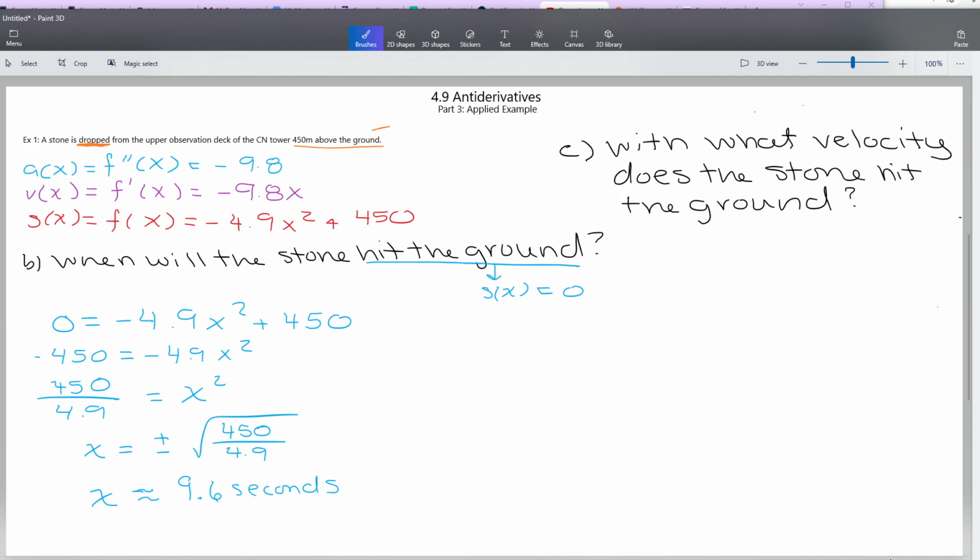We are going to be looking at the velocity function v of x, which is the first derivative f prime.